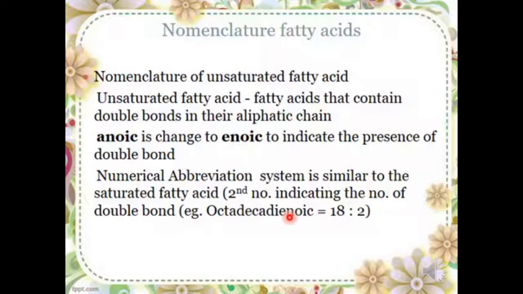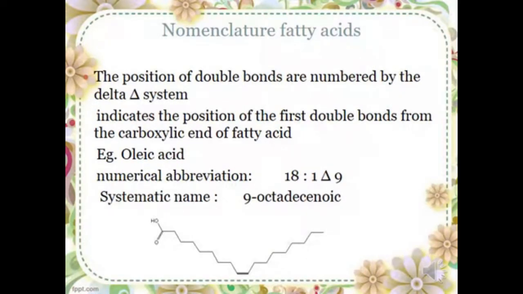Based on this nomenclature, you don't know the position of the double bond, but you know the number of double bonds. Therefore, to know the position of the double bond, we use the delta system, indicated by this triangle symbol. For example, oleic acid, which is the common or commercial name, has the systematic name 9-octadecenoic acid.